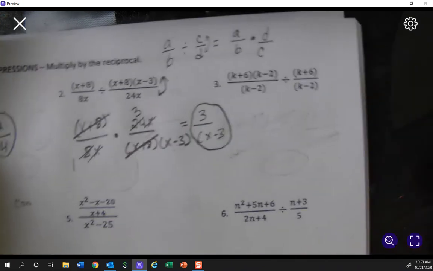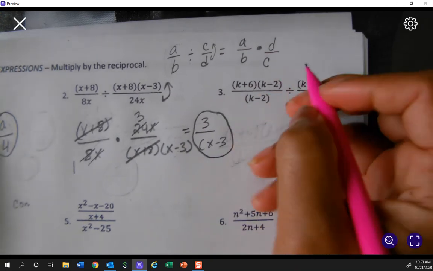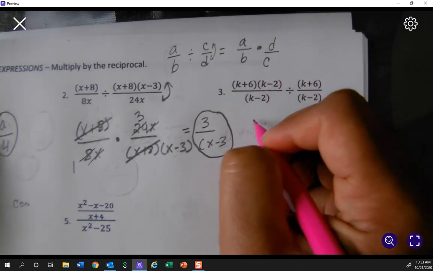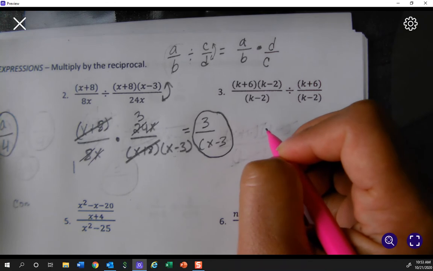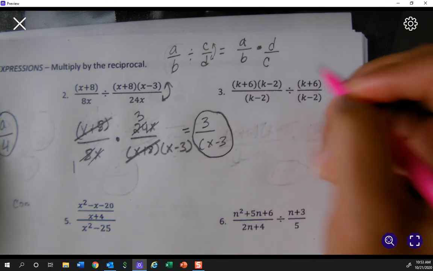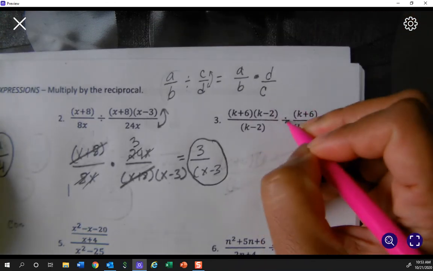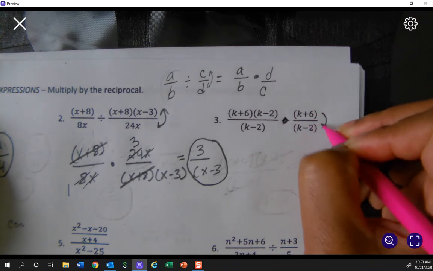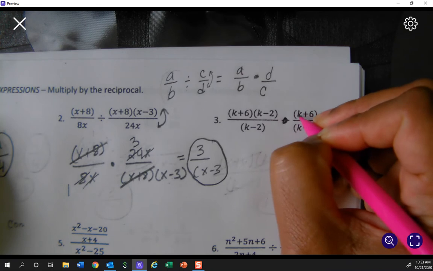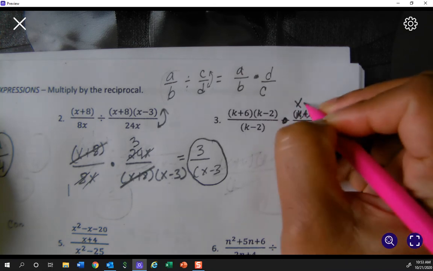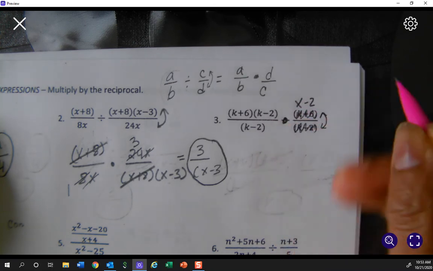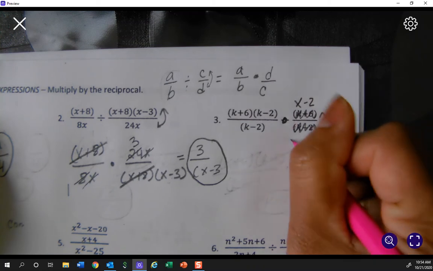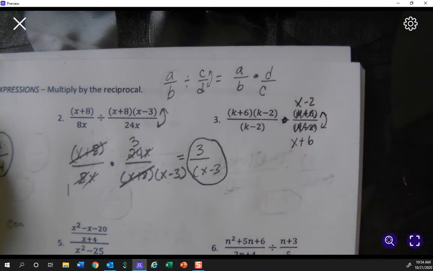Okay, number 3. Again, I'm going to keep the first one. If I don't have to write it out, I know that I can change this into a multiplication by flipping these two. I can put x minus 2 in the numerator, and x plus 6 in the denominator. So I don't have to write it out.